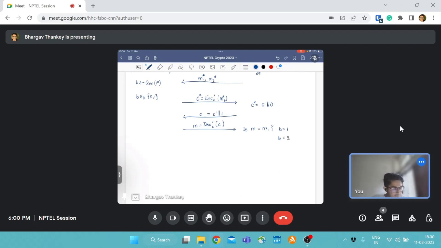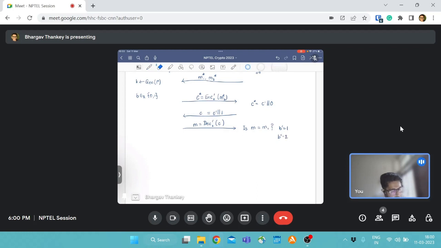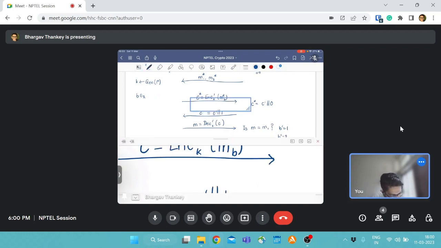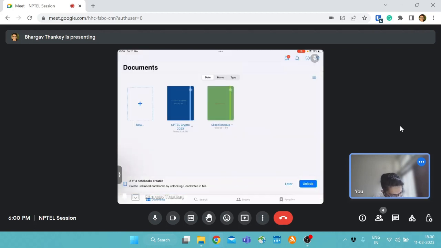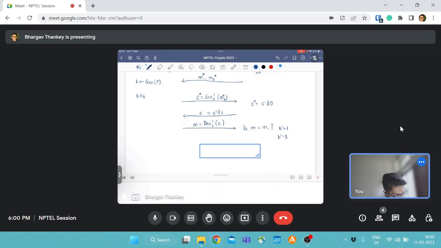Or rather, I should call B equal to 0, B equal to 1. Or yeah, B prime equals 1, B prime equals 2. Generally we use 0, 1. Here I'm using 1, 2 for some reason.